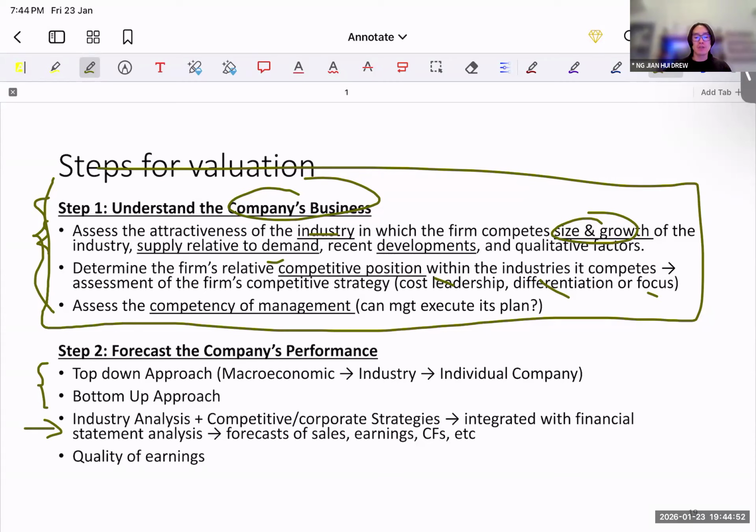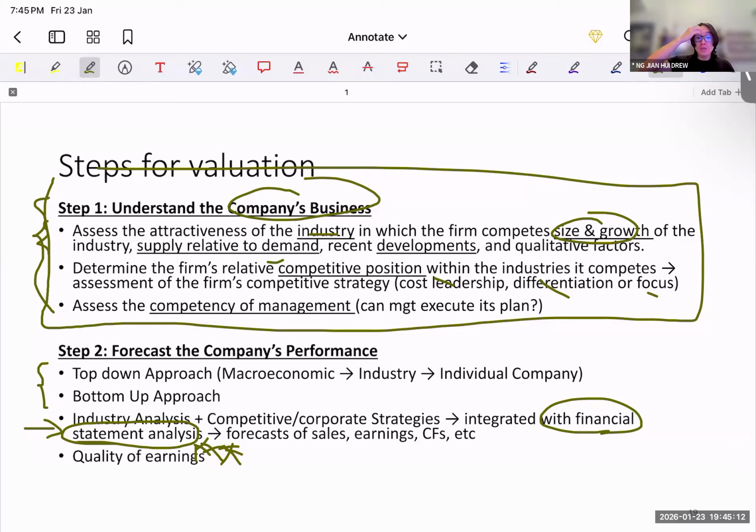We look at the corporate strategy, and one of the more important things is to do a financial statement analysis. This is very important, so I put 2 stars here, where we need to form an idea of how the company's financials will be in the future.